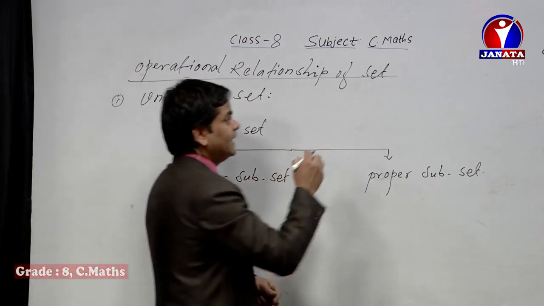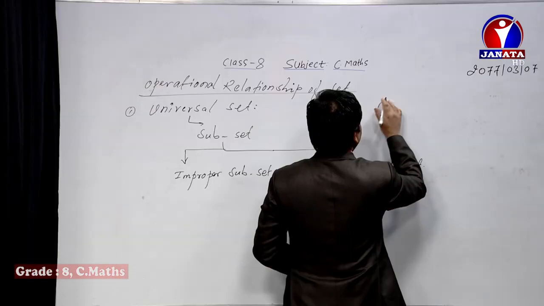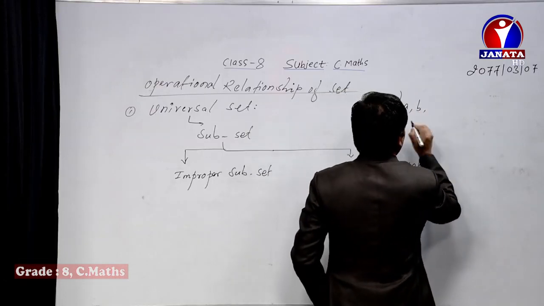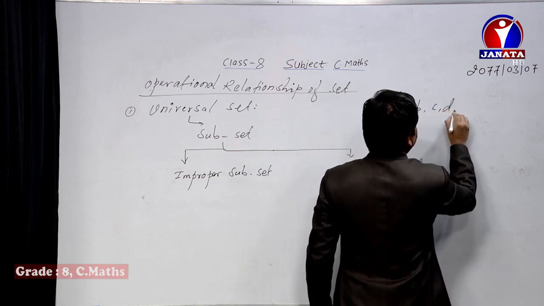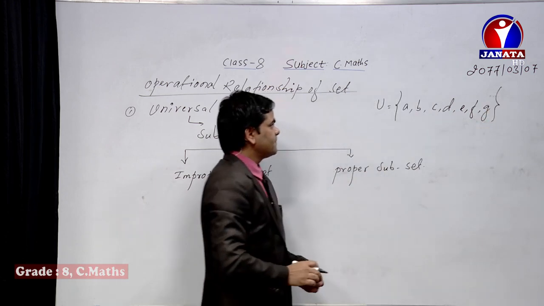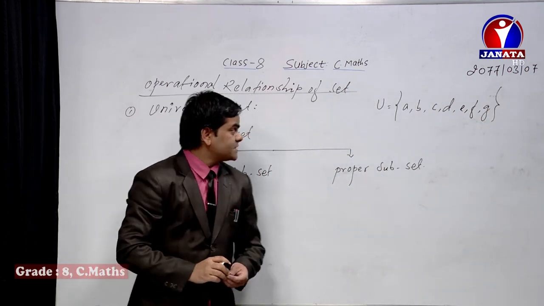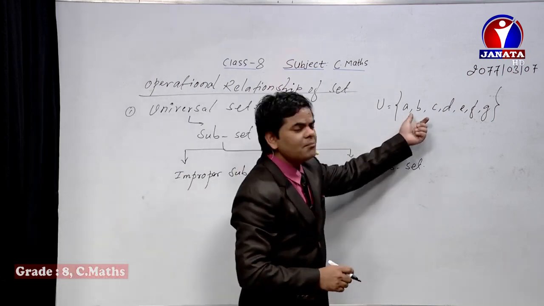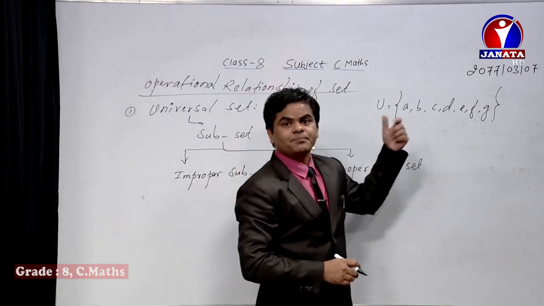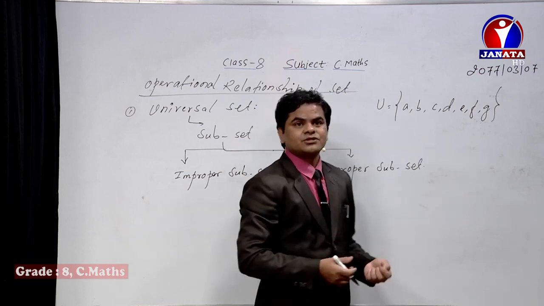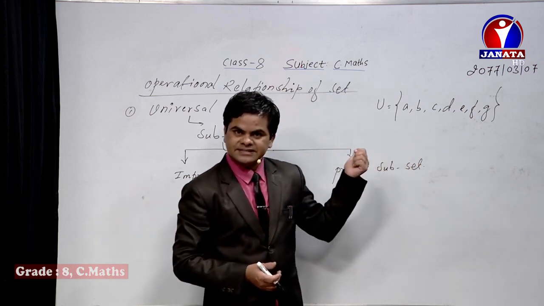So, first of all, let's take a universal set. U contains the elements, the alphabets A, B, C, D, E, F up to Z only. So, by taking some elements of this set, if we prepare other sets, those are known as subsets of this universal set.